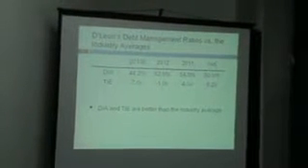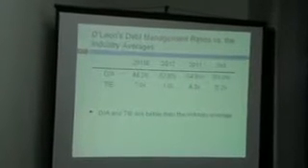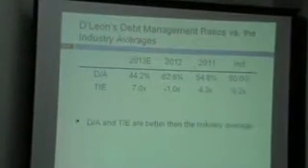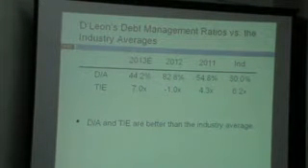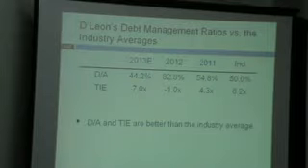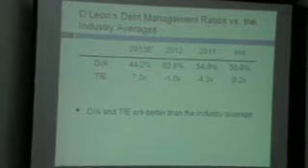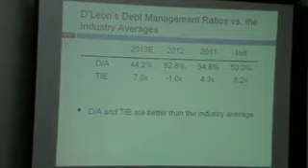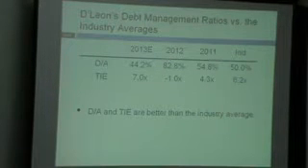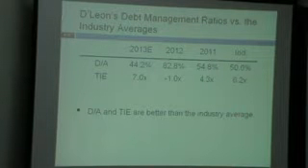Now the comparison, debt to asset ratio as far as the industry average is concerned is 50%. So this company is below the industry average in 2013, but if you look at 2012 it was 82.8%. It was relying too heavily on debt in 2012. So what could be the reason?